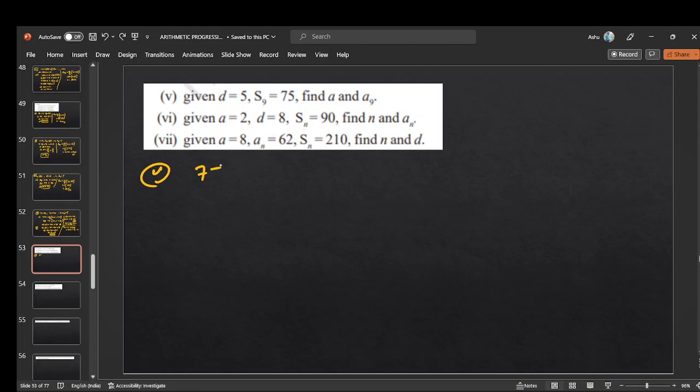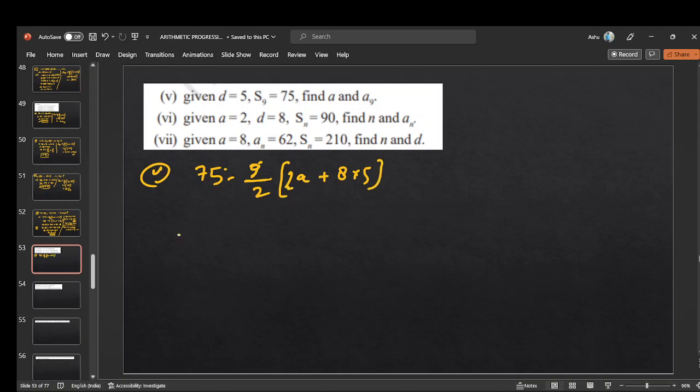Okay. 75 equal to 9 by 2 into 2A plus n minus 1 into D, D is 5.